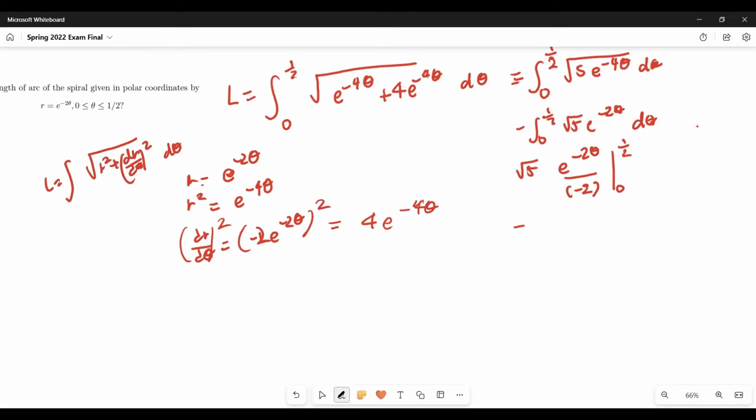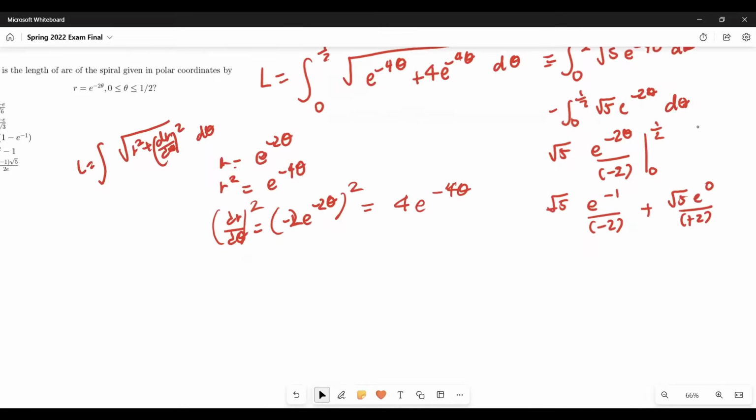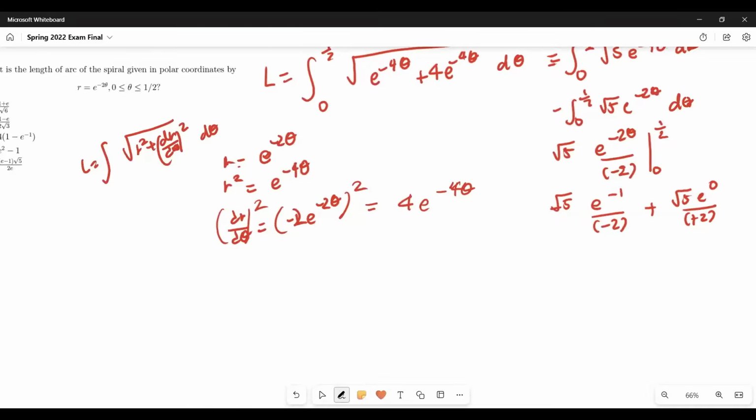That becomes square root of 5 e to the negative 1 over negative 2 minus square root of 5 e to the 0 over negative 2. This becomes positive square root of 5 over 2. So this is negative square root of 5 over 2e plus square root of 5 over 2.